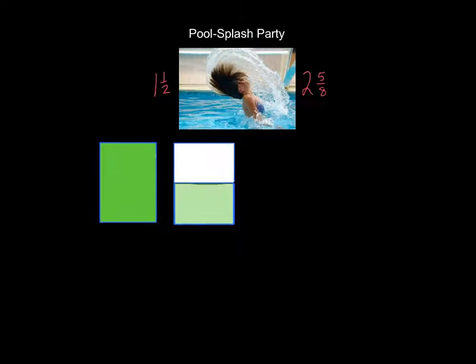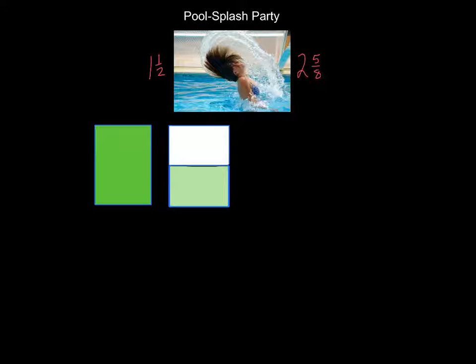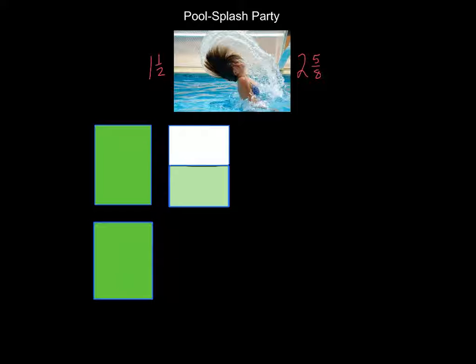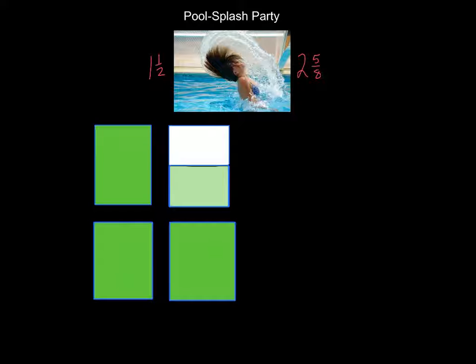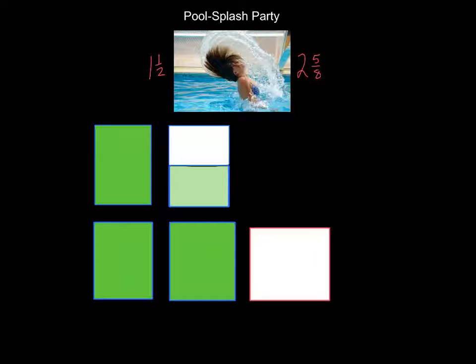So I'm going to shrink this a little bit, and I'm now going to add one here and a second one here, and then I need to make one that is empty so I can draw my lines in there. If we have 8 as a denominator, that means I'm going to draw 7 lines to create 8 parts.